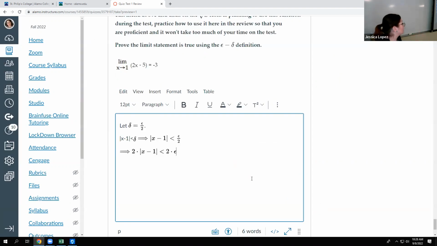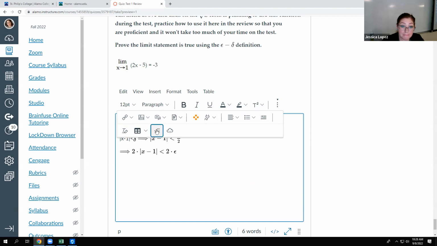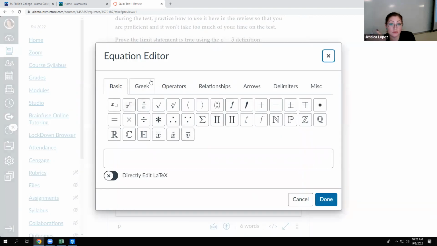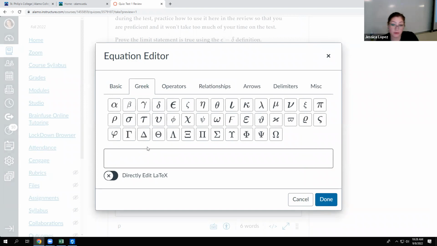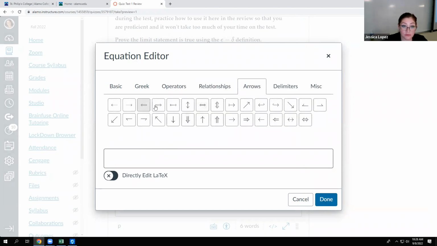I haven't changed anything. The statement should still be equivalent. And some people just do it all in one line and keep going and going. I don't, but it's totally okay if you do. So then my next step is to put it in bars so that I can stick it inside the other bars. So we're going to have this 2 in bars now.